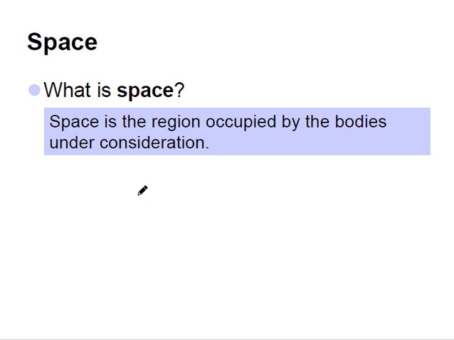Like a room, a field, even the space around the bodies or objects. So in dynamics, this region helps you focus on the specific area where the motion and the forces that we are studying are happening.